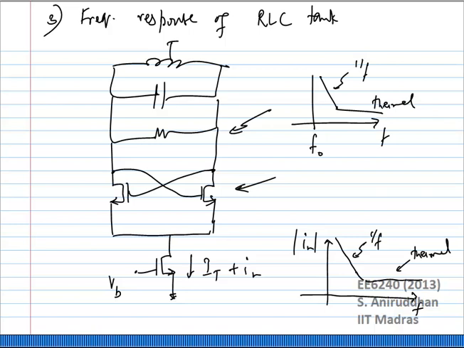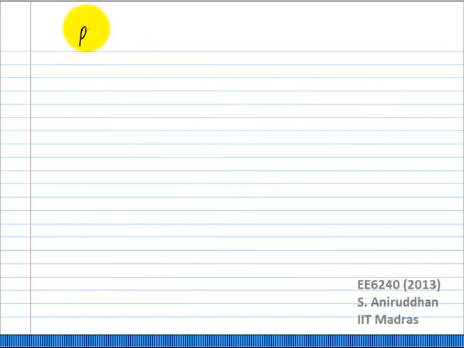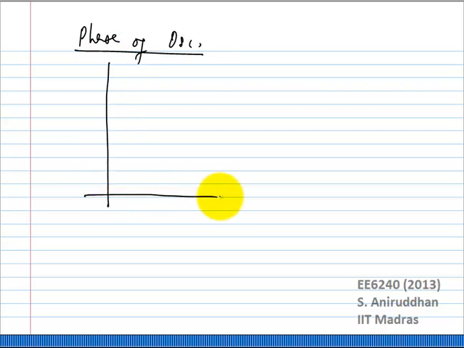So if I look at the phase of an oscillator, let us say I plot theta versus time. What will that look like for an ideal oscillator? It will increase linearly, right?